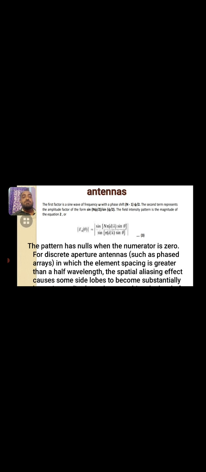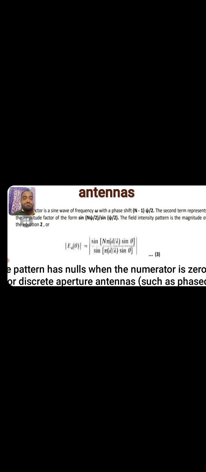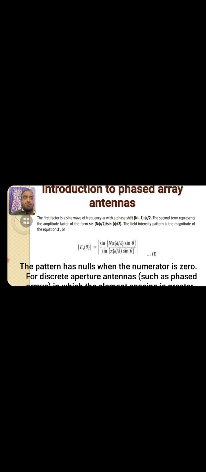These antennas will have an output of sin(n pi d by lambda sin theta) divided by sin(pi d by lambda sin theta). Now the first factor is a sine wave of frequency omega with a phase shift of (n minus 1) psi by 2.